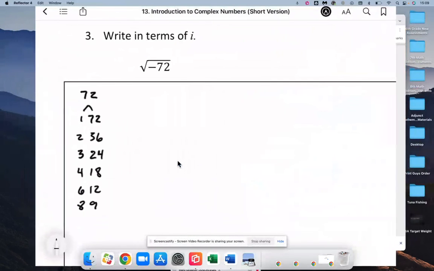Okay, we're back. Looking for the largest perfect square, it looks like 36 is going to be it. So the pair that I'm going to use is 2 and 36. I'm going to break the square root of negative 72 into the square root of 36 times the square root of 2 times the square root of negative 1.